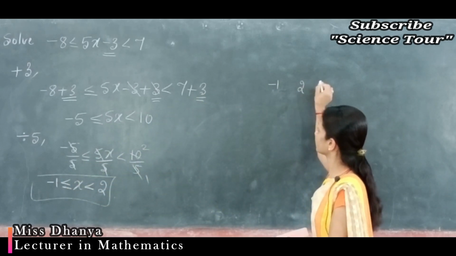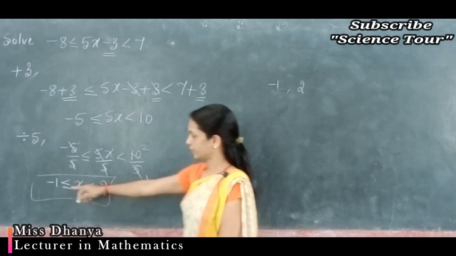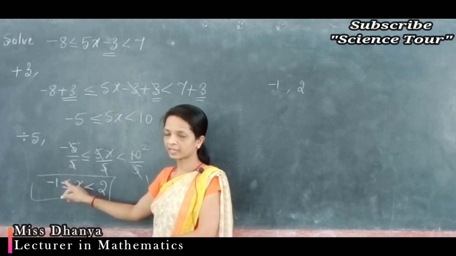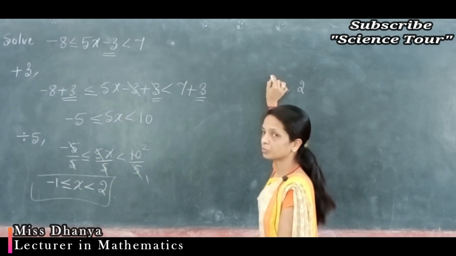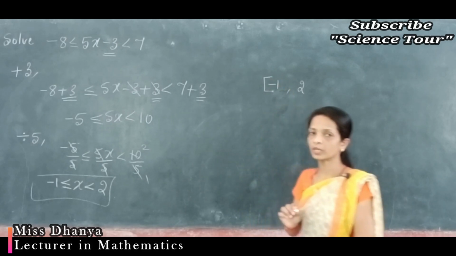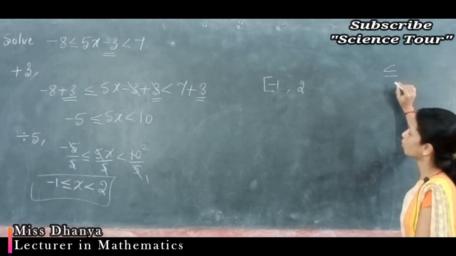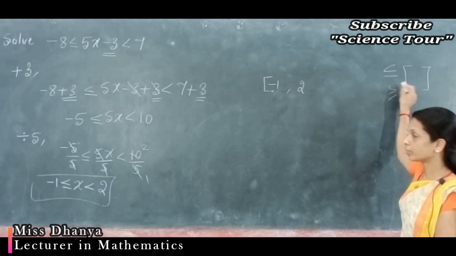So you write -1 and 2 and put a comma. On the -1 side, which symbol is there? Less than or equal to, a slack inequality symbol. So on that side you have to use a closed bracket, that is a square bracket. If you have slack symbols like less than or equal to or greater than or equal to, you have to use a square bracket or closed bracket.